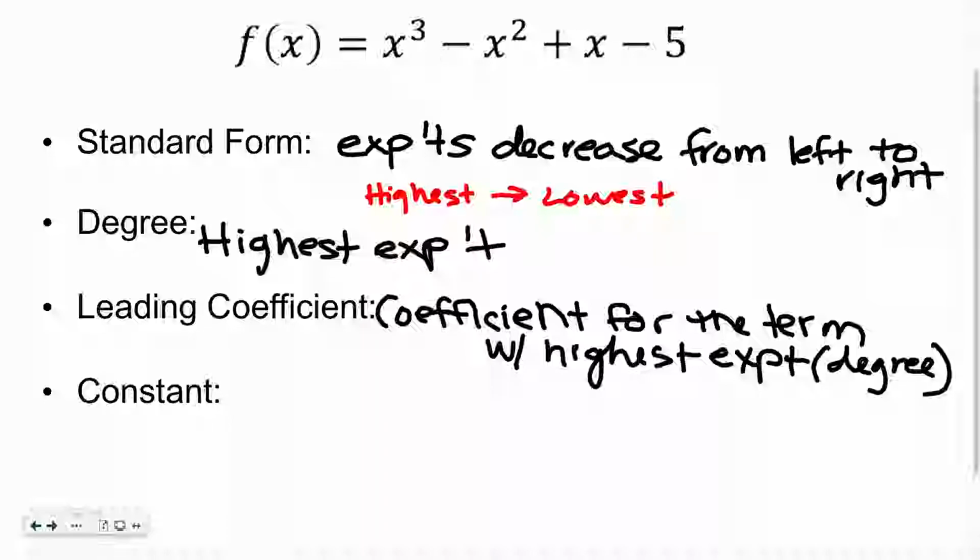At the very first term. So think about how nice that will be if we all agree to write in standard form. We'll all know exactly where to look for our degree and our leading coefficient. So what's the degree of this polynomial? 3. And what's our leading coefficient?